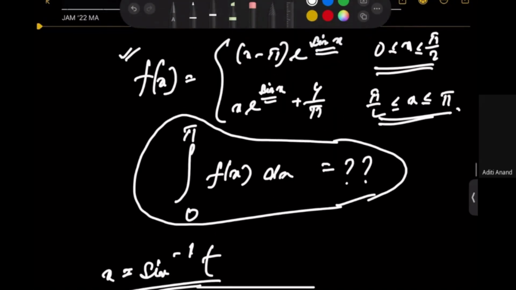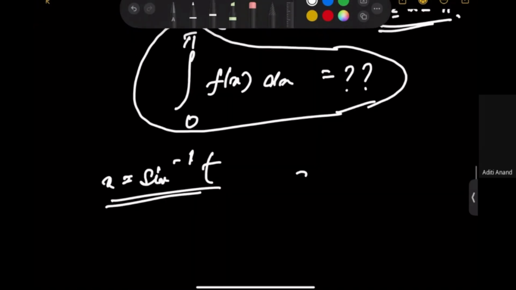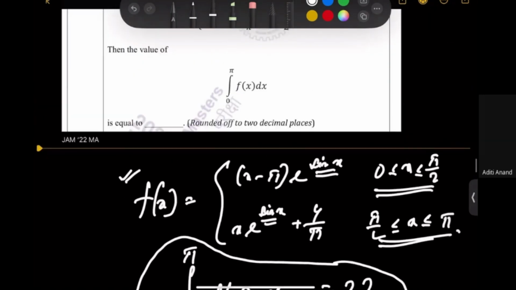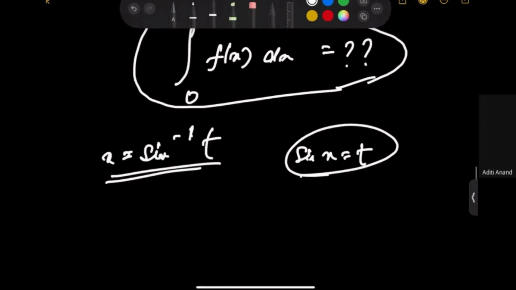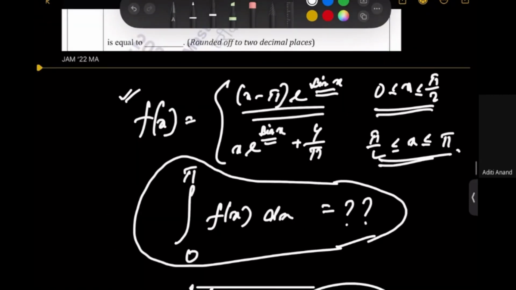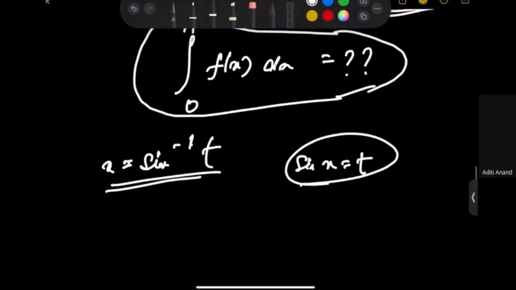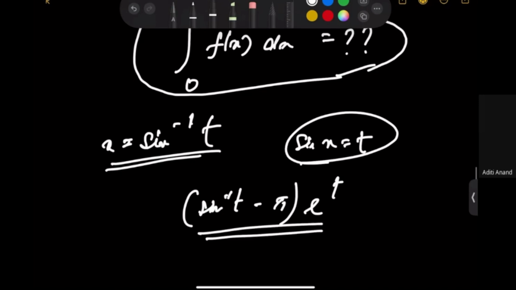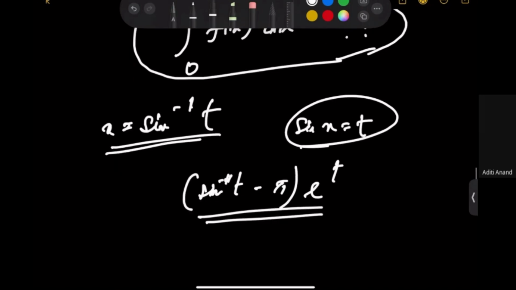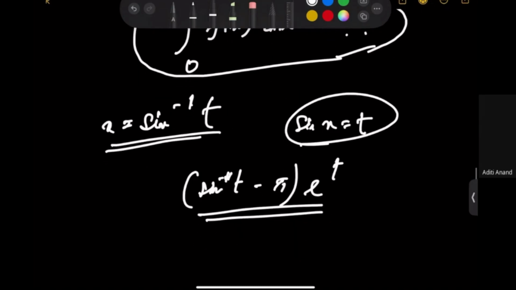If we do this, then sin x becomes t, and this x becomes sine inverse of t minus pi, times e to the power t. It becomes something like this, right? And how do we proceed after this?